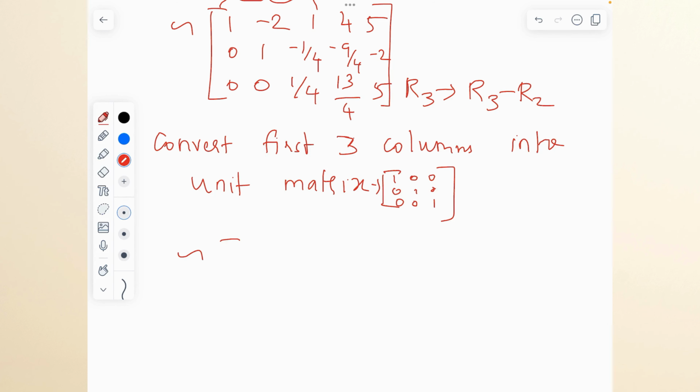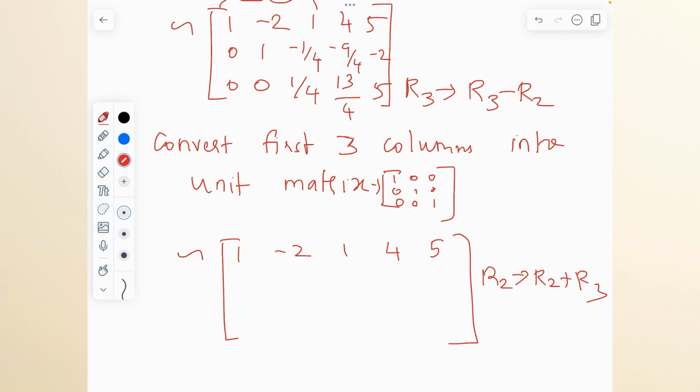Now this first row, let it be as it is. This unit matrix can be done only step by step. Now what I am going to do is add R2 and R3 parallelly. So the second row, R2 gives R2 plus R3.